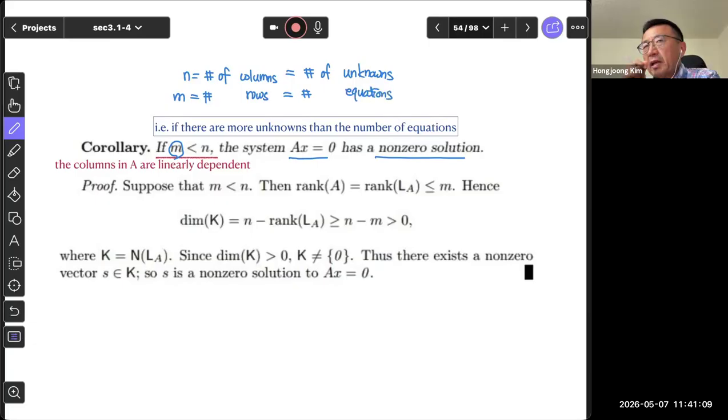So n is greater than m means there are more unknowns than equations.